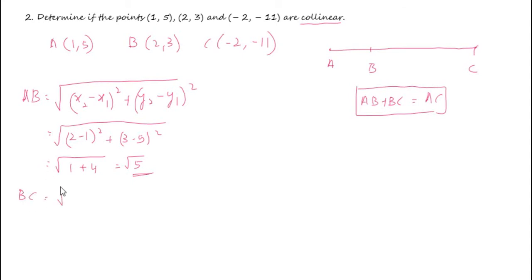BC is equal to square root of, I won't write the formula again, x2 is minus 2.